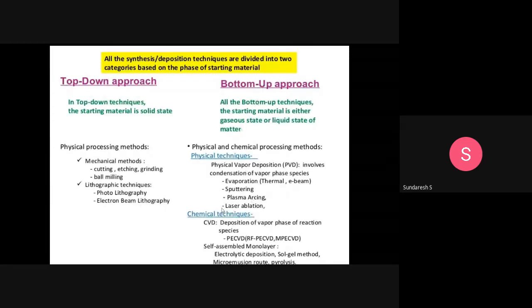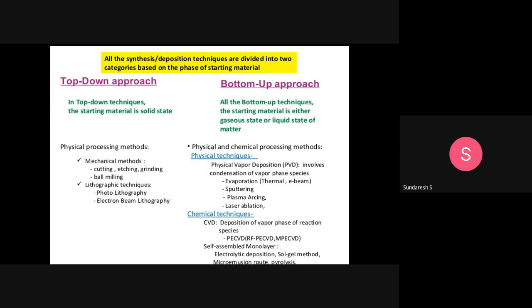And apart from that, we have other chemical techniques also. Chemical techniques which may be in the form of CVD, which we call deposition of vapor phase of reaction species, PECVD, self-assembled monolayer, electrolytic deposition, sol-gel method, microemulsion route, or pyrolysis. So these are the different chemical techniques what we are having under bottom-up approach.